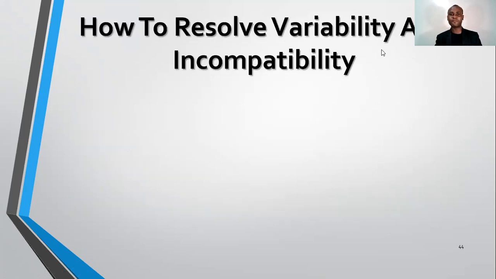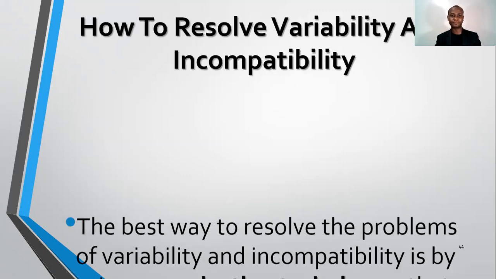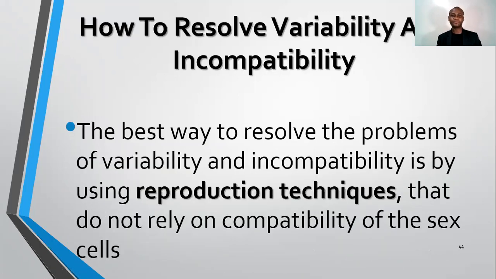So how to resolve variability and compatibility? Number one, the best way to resolve the problems of variability and compatibility is by using reproductive techniques that do not rely only on compatibility of sex cells.